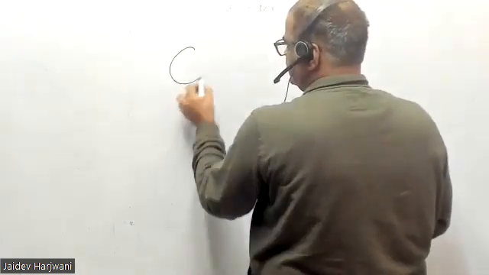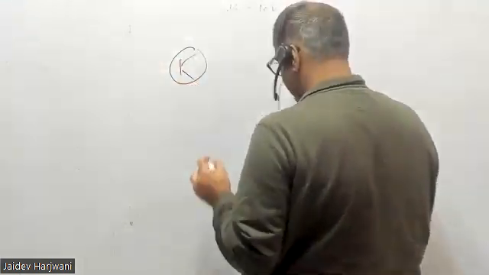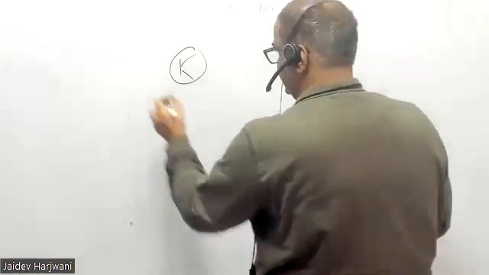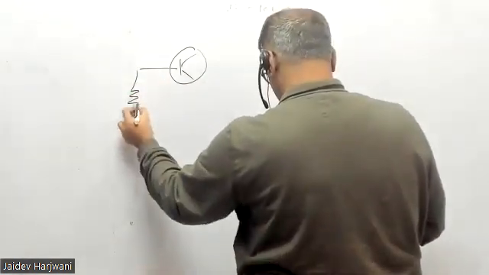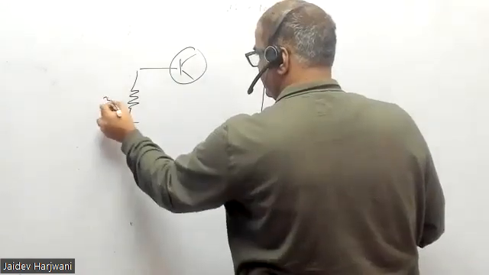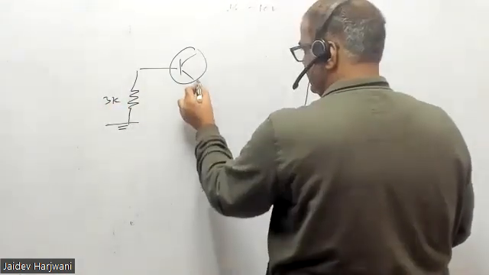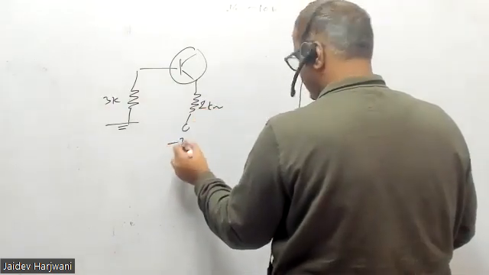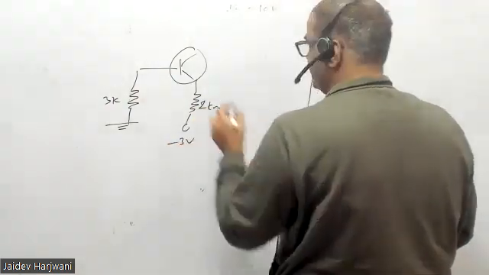So this is your question. Here a resistance is given, 3 kilo ohm, and this is your 1 kilo ohm, and here a minus 3 volt battery is given.